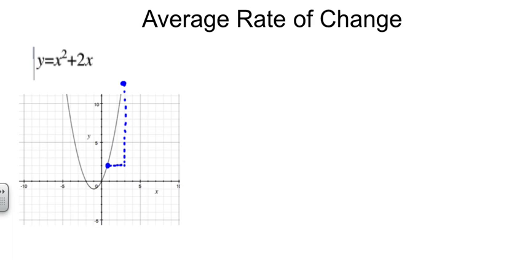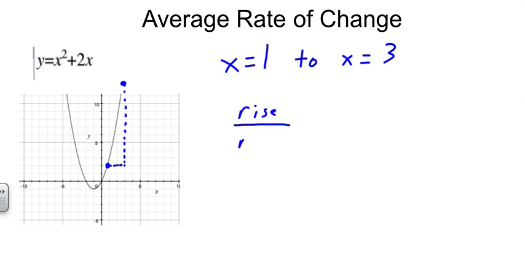So we want to picture the rise and the run. So the run in between those two is 2 because we're going from 1 to 3.